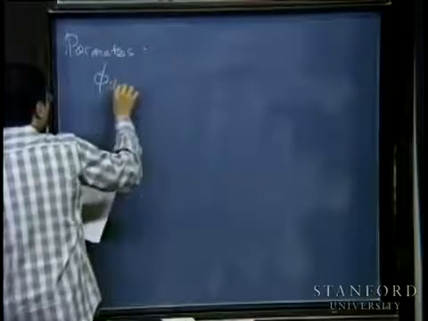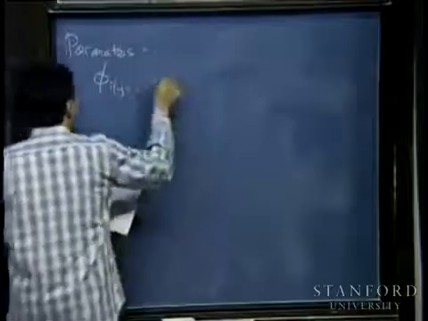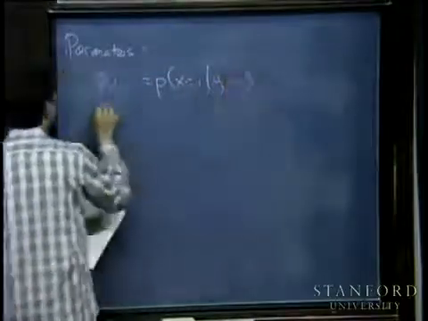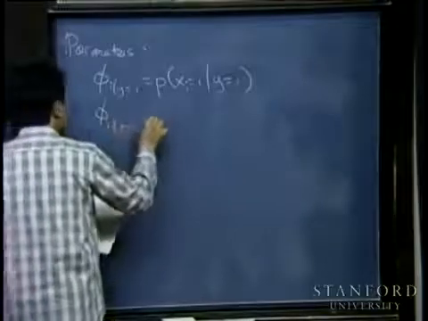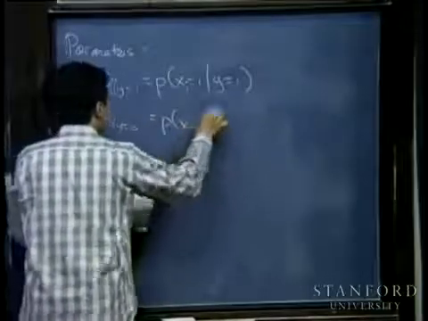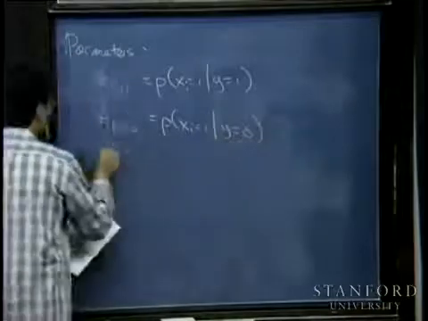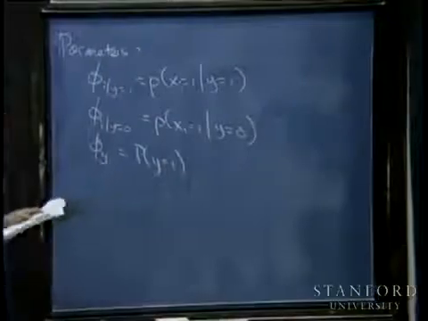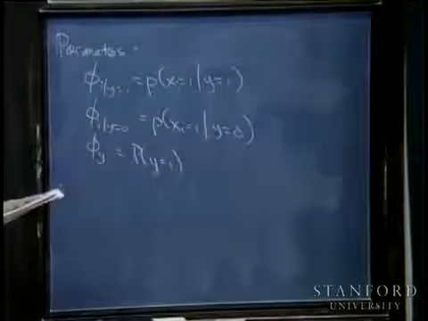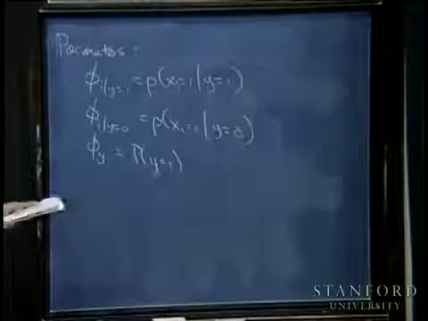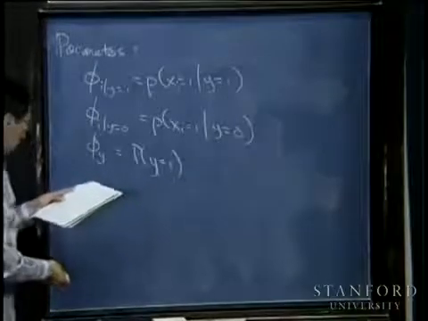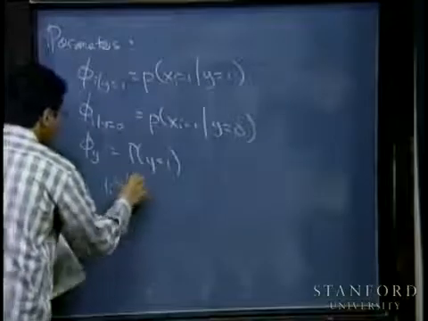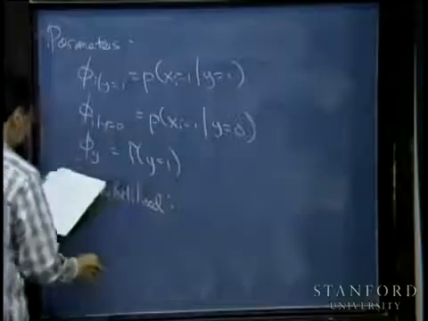With phi of i given y equals 1, which is the probability that xi equals 1 given y equals 1, phi i given y equals 0, and phi y. Okay, so these are the parameters of the model, and therefore, to fit the parameters of the model, you can write down the joint likelihood, right?